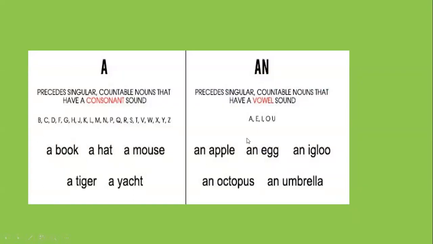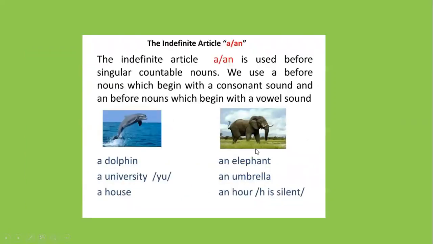Whereas if the word has a vowel sound and is a countable noun, we will use the article "an". Vowels mean a, e, i, o, u: an apple, an egg, an igloo, an octopus, an umbrella. So the indefinite article is used before a singular countable noun. Do remember the two things when you are putting "a" or "an".